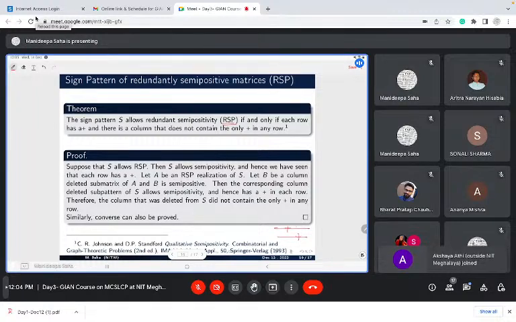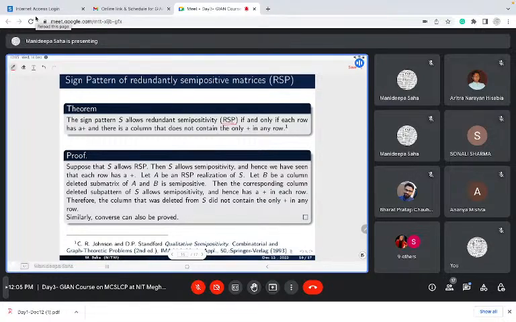I can find the corresponding column, and this column does not contain this, which means this column also contains some other positive entry. So if these two conditions hold, then we say that S allows redundant semi-positivity. Why this is true, one can easily see.